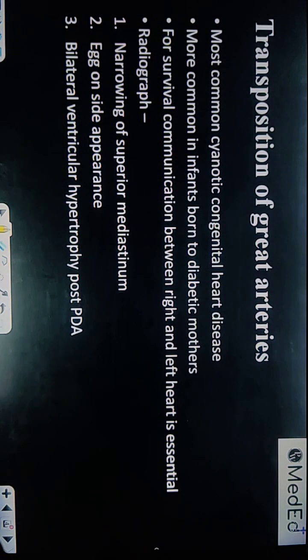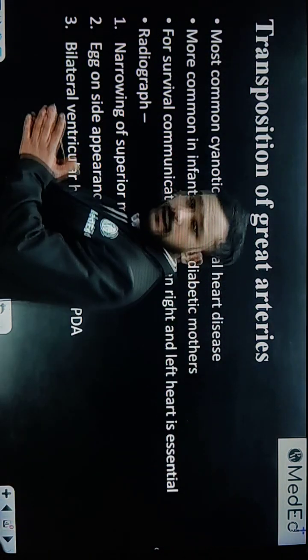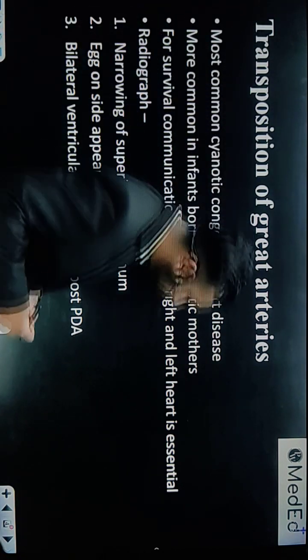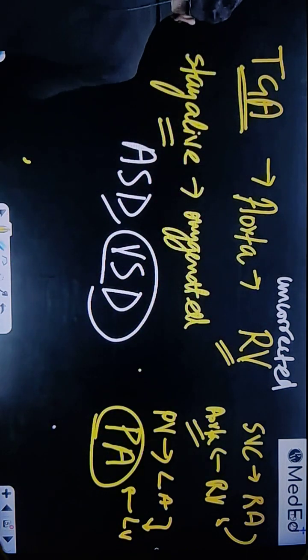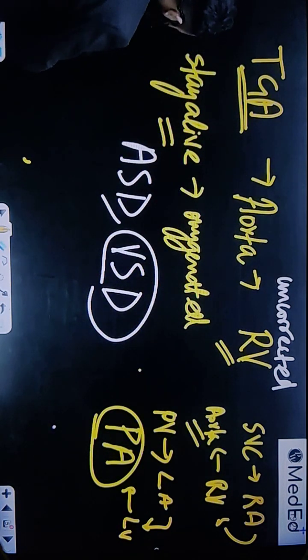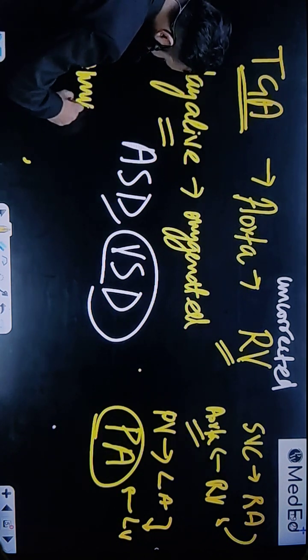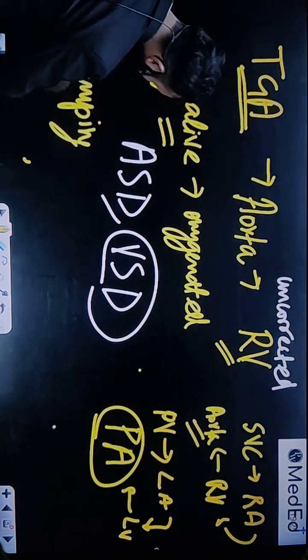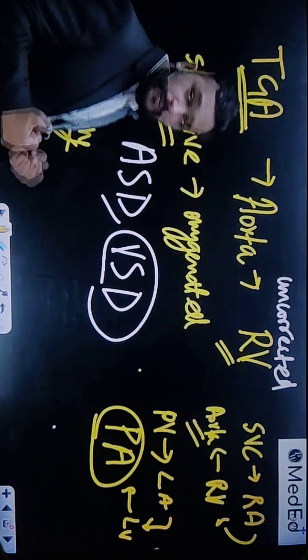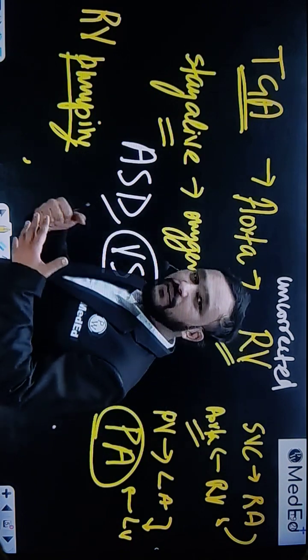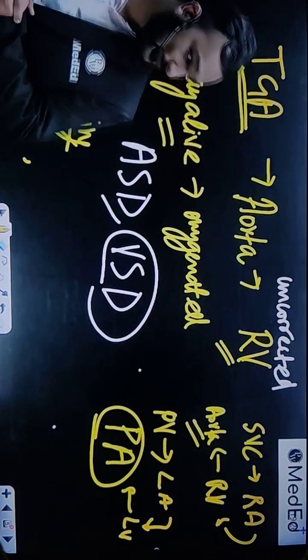Because if the right ventricle has to pump blood to the pulmonary arteries, it will not require much force. But if the right ventricle is pumping blood to the aorta, it will require more muscle, more power. Because of this, you are going to find right ventricular dilatation as well as hypertrophy in these patients.